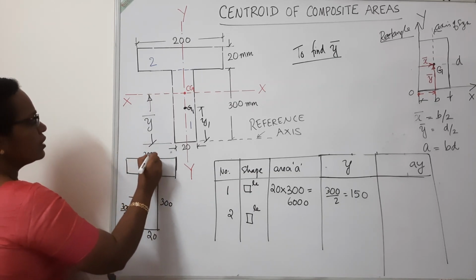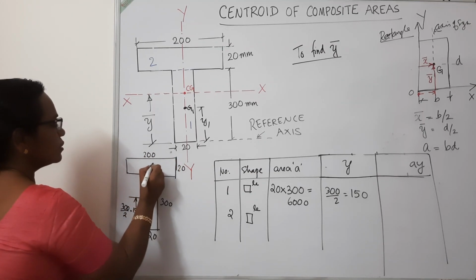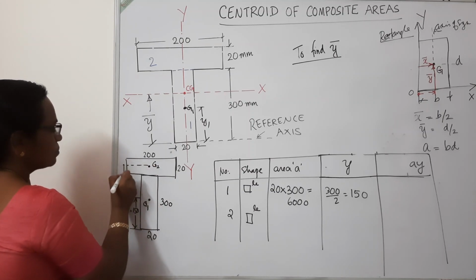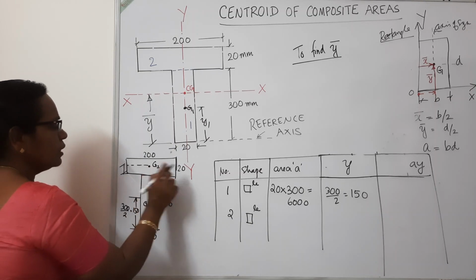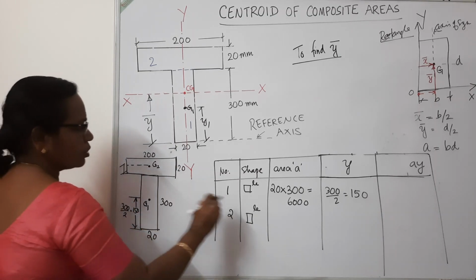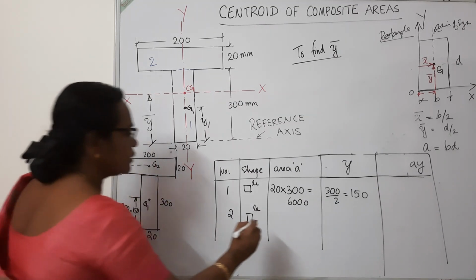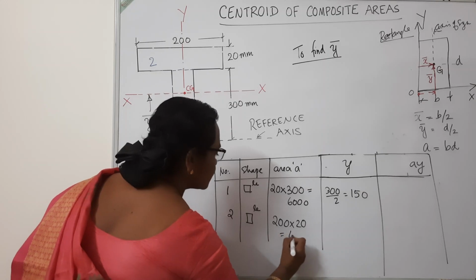It is 200 width and depth is 20. So this is the centroid of that rectangle. Distance to the centroid from here will be 10 centimeter. Now here we can write the area. Area is width into height, 200 into 20, 4000.